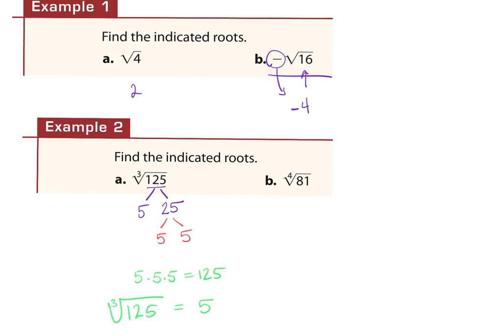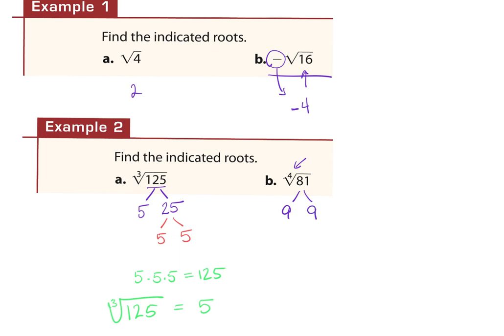What number multiplies 3 times to get 125? That's what we're asking for here. Let's look at 81. 81, again, it might be something you know intuitively, but we're now looking for something that multiplies by itself 4 times to get 81. And so if you don't know a prime that goes into it, hopefully you know at least 2 numbers that go into it that look like this, right?